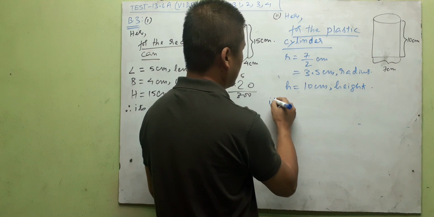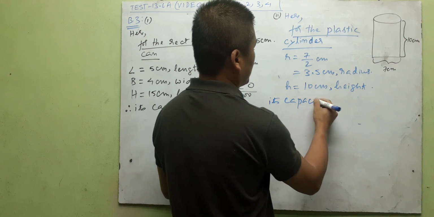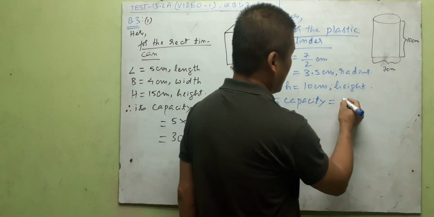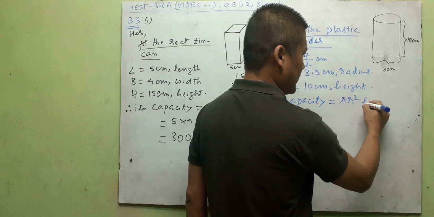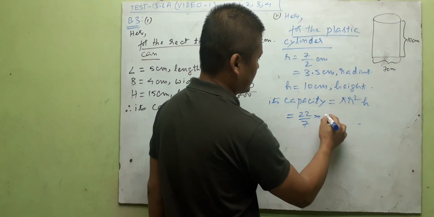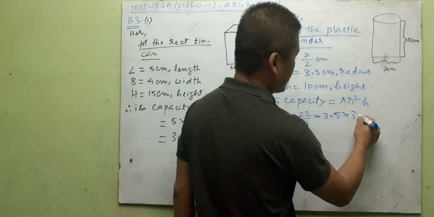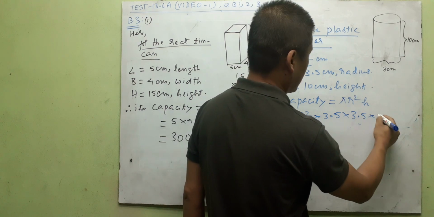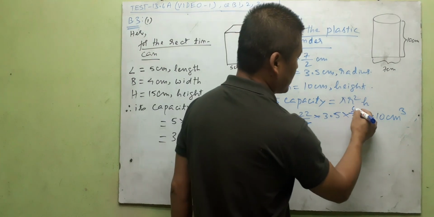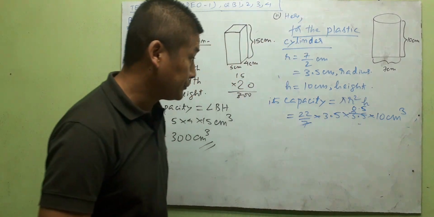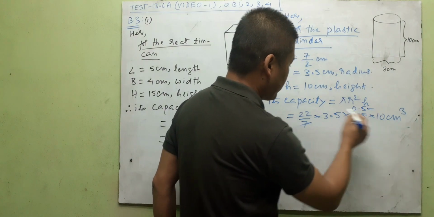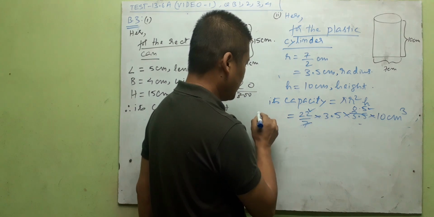So its capacity we need to find out, because we're going to compare. The capacity is simply the volume. So pi r squared h, the formula we learned at the beginning of this video. Pi is not given, so 22 by 7, r is 3.5, again 3.5 because r squared, into h is 10, and volume is 3-dimensional, so centimeter cube. 7 into 0.5 is 3.5, then 0.5 is very useful in multiplying. 0.5 into 22 means this 22 will become half, 11.